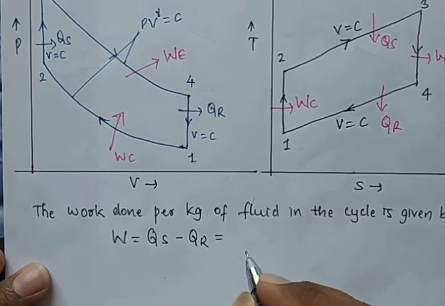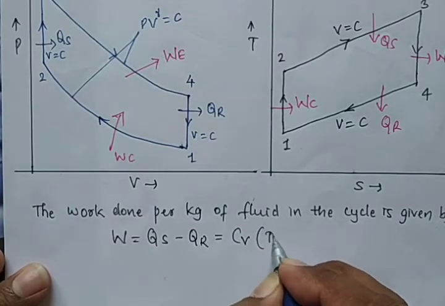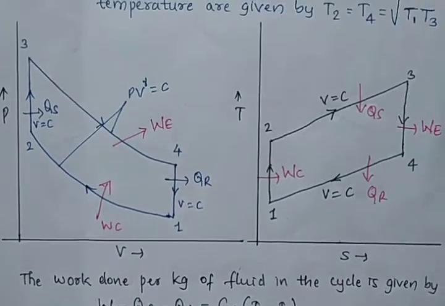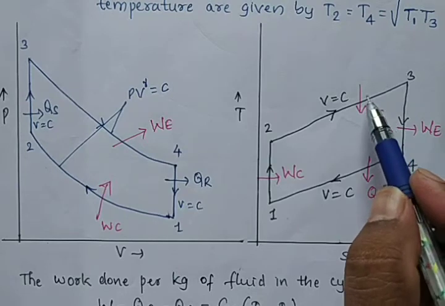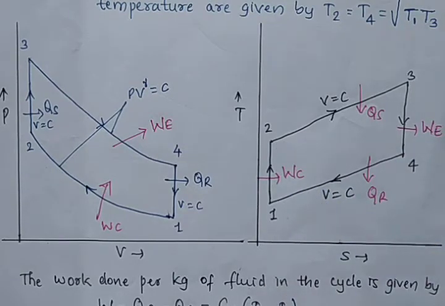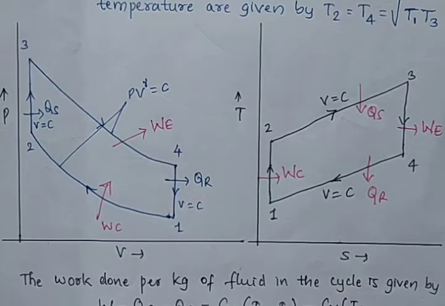So what is QS? It is Cv (T3 minus T2), that is from the diagram. You can see here the heat added is Cv (T3 minus T2) minus the heat rejected Cv (T4 minus T1).